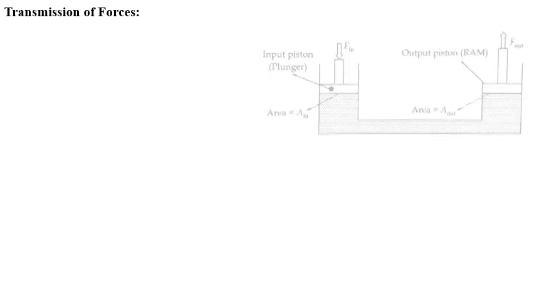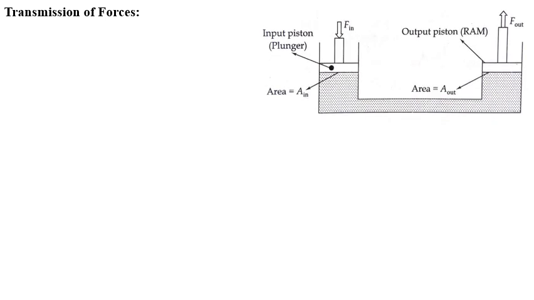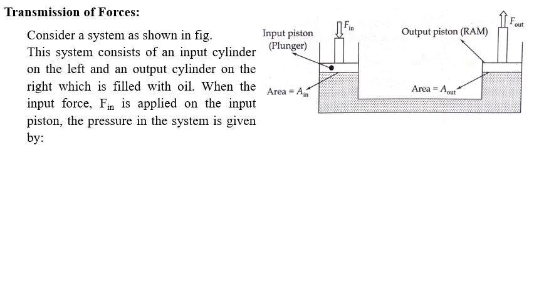Transmission of forces. Here is one small diagram representation. Consider the diagram. This system consists of an input cylinder on the left hand side and an output cylinder on the right hand side, which are connected through one hose pipe containing a liquid.